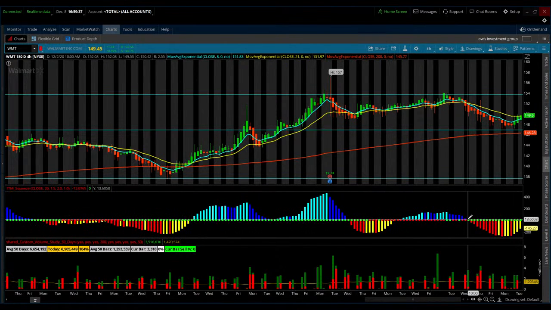When it turns into green dots, right? When the green dot turns on, the squeeze has fired, and depending on the color of the bar, so right here, a green dot with red bars means that there's bearish momentum. Okay, so let's say someone asks, hey, what do you think about Walmart calls?